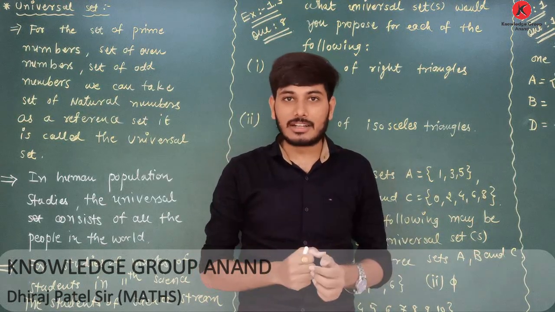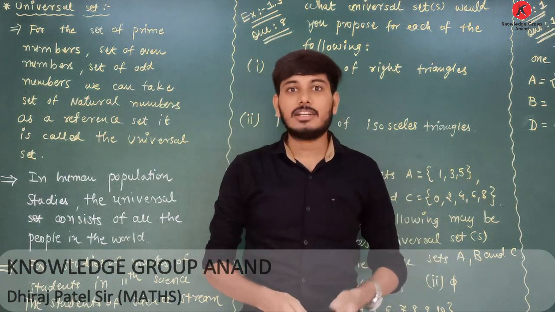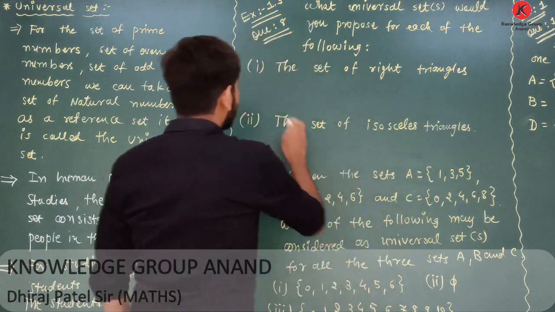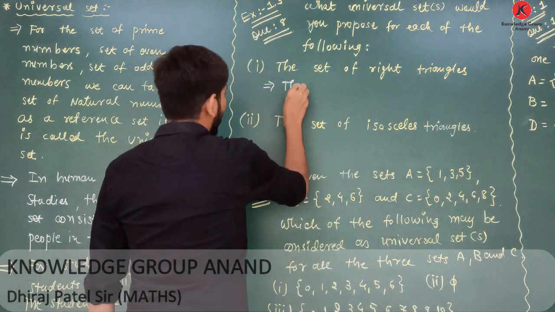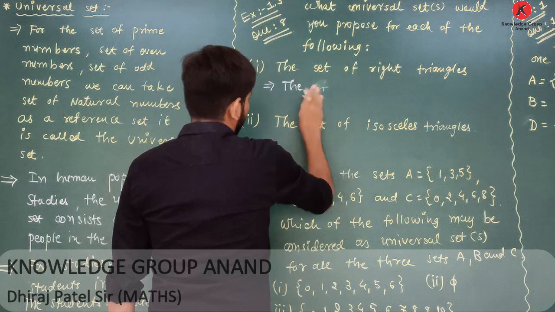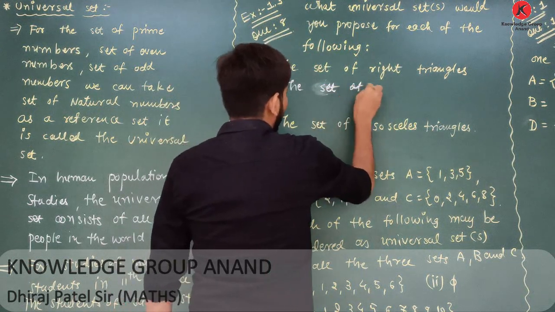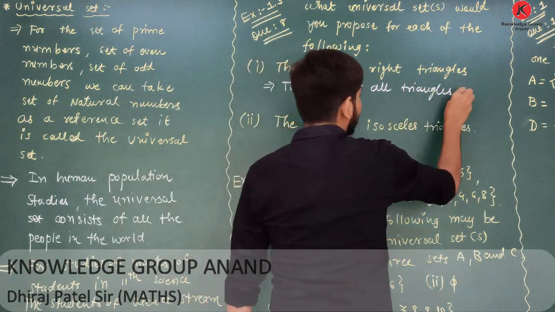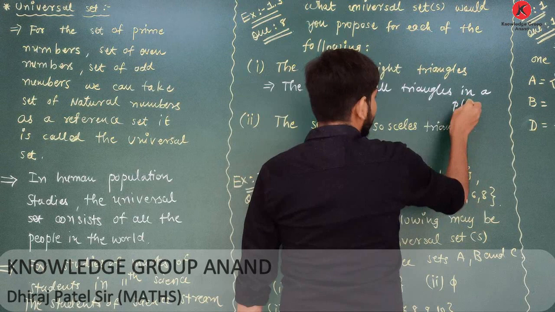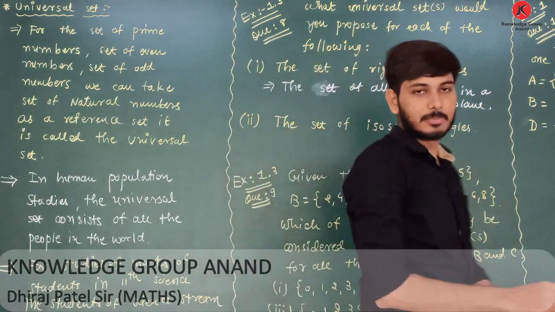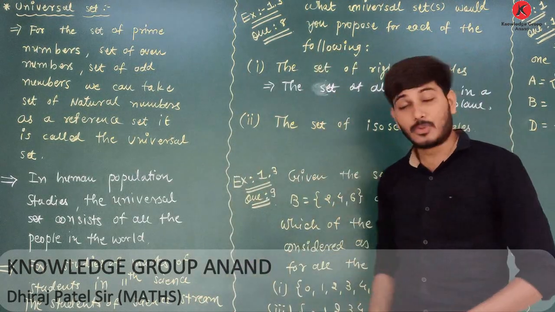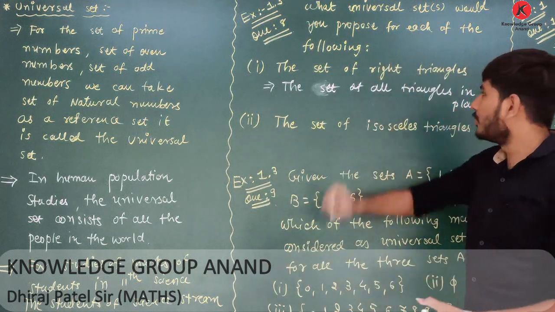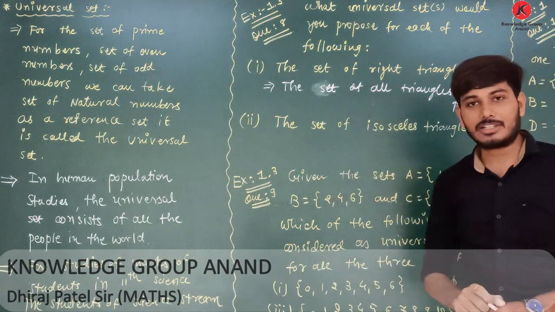There are many right triangles having different sizes. I am considering the reference set for the right triangles as the set of all triangles in a plane. In all triangles, right triangles are there. Therefore, this is our universal set for the right triangles.